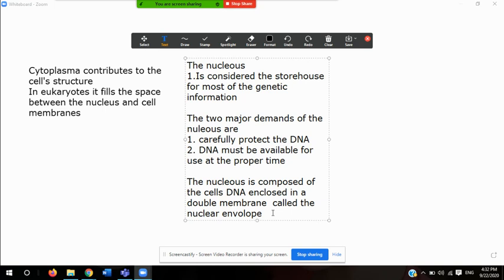And what does the nuclear envelope do? I guess you're wondering. So let's write right here what the nuclear envelope does and what it's responsible for.